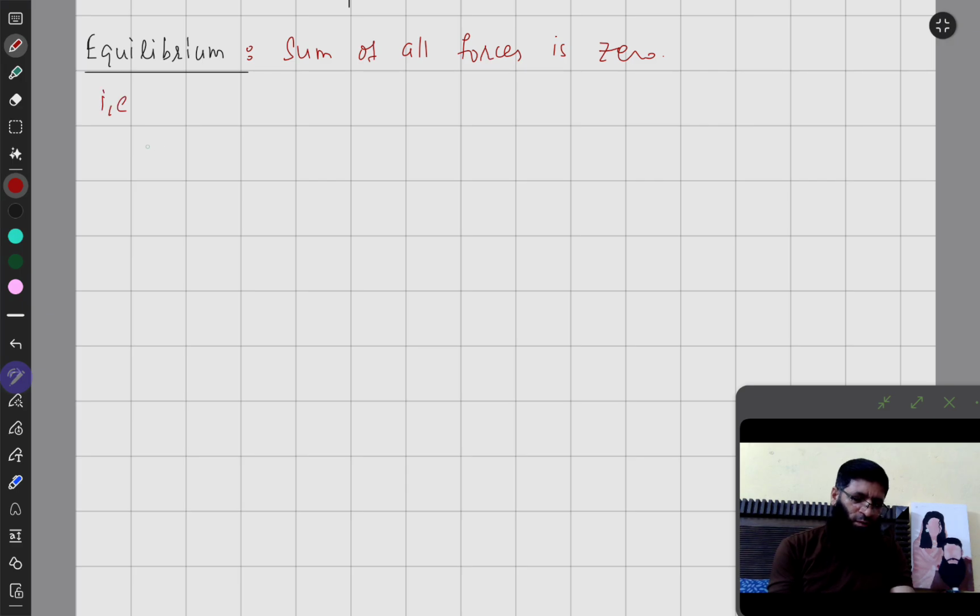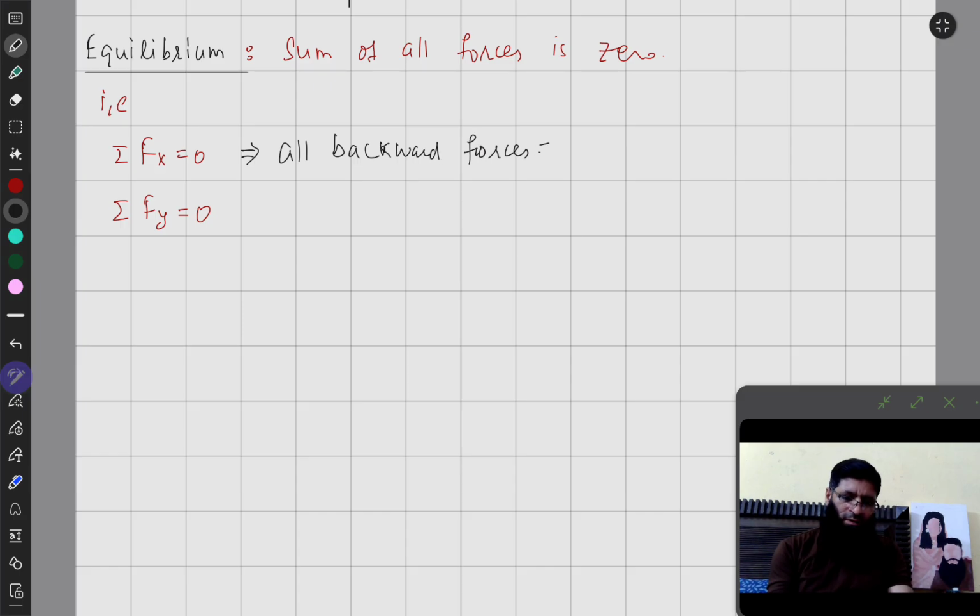That is, the sum of all horizontal forces is equal to zero. Similarly, the sum of all vertical forces will be equal to zero. Now, this equation can be written as all backward forces will be equal to all forward forces.